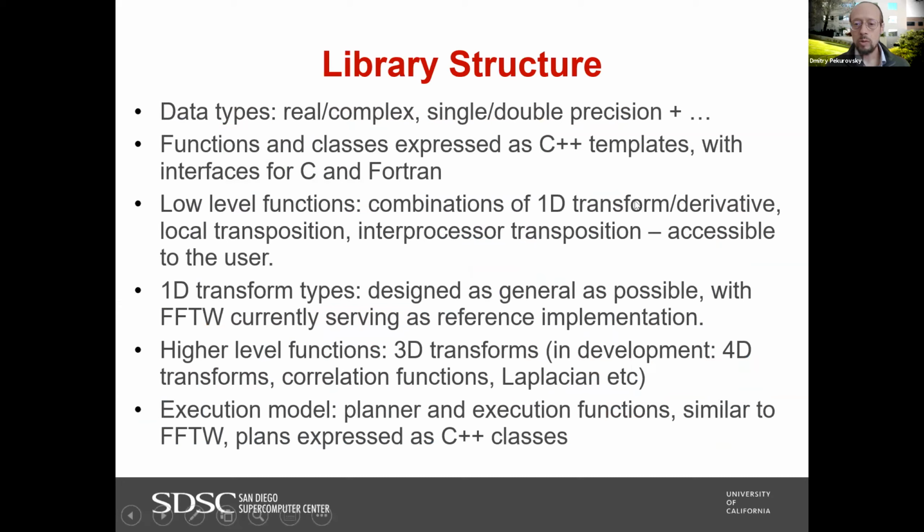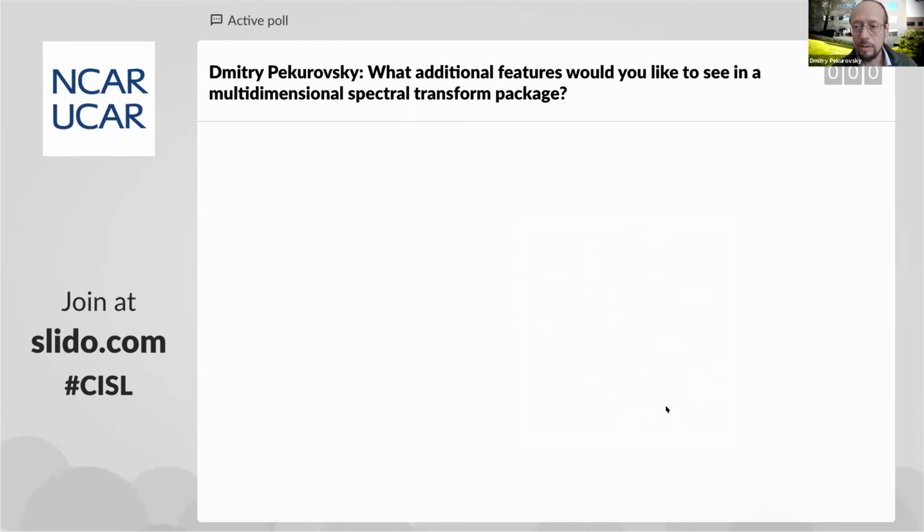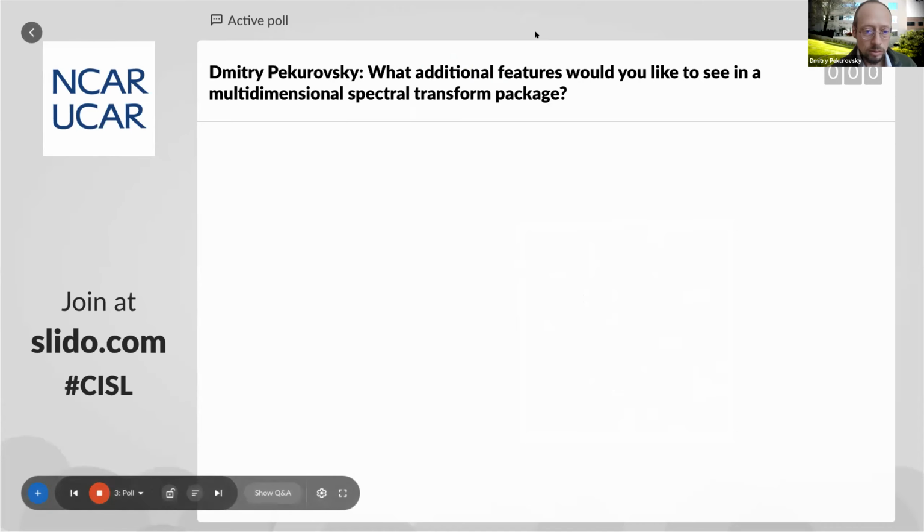So here I was wondering if we can stop the first poll and start the second poll. Also, I don't know if it's possible to see the results of the first poll. We'll be curious. Is it possible? There is a bit of a delay on that, Dmitry.